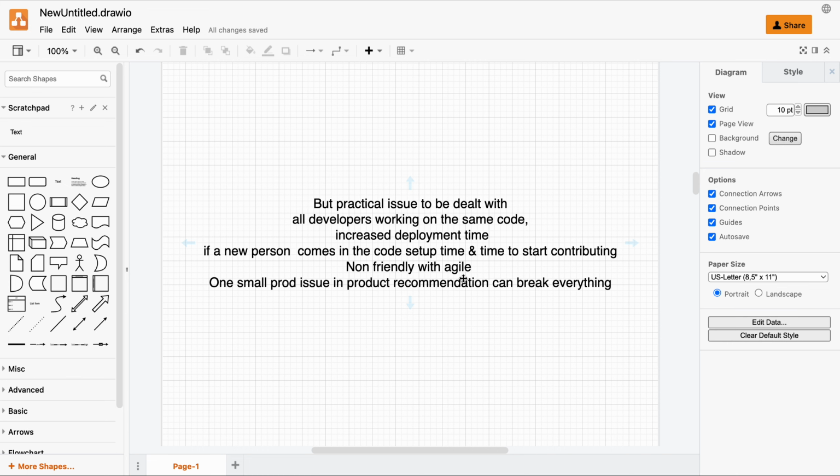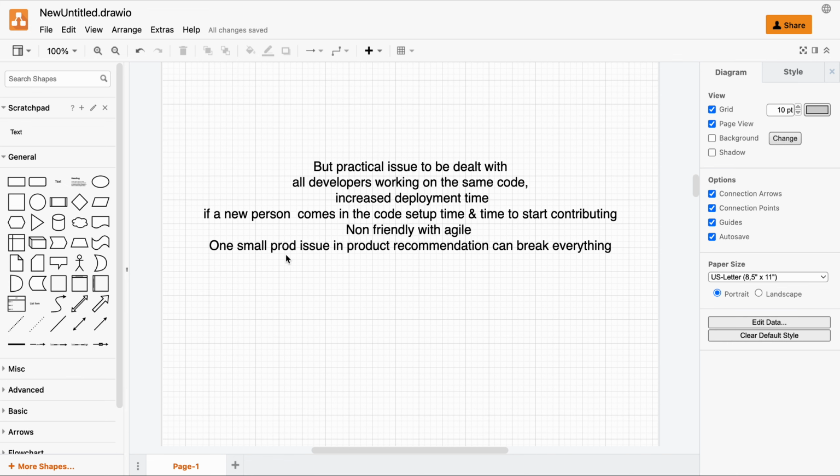In agile we want to cut the requirements into small tickets, we want to go lean, and complete a certain set of tickets with multiple teams working on them. So it is not friendly with continuous deployment, that philosophy where we want to be very agile. And a small prod issue in product recommendation can break everything. So these are the issues that we currently have with the monolithic system.